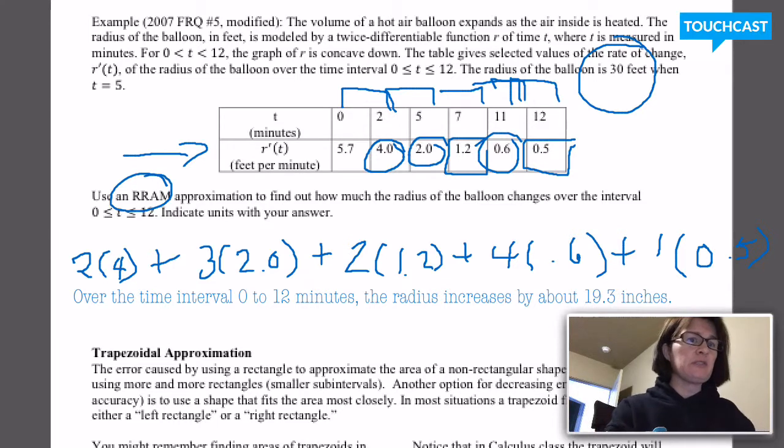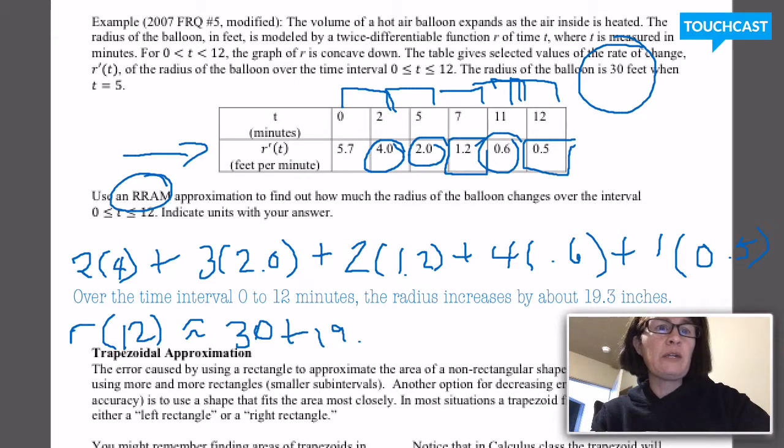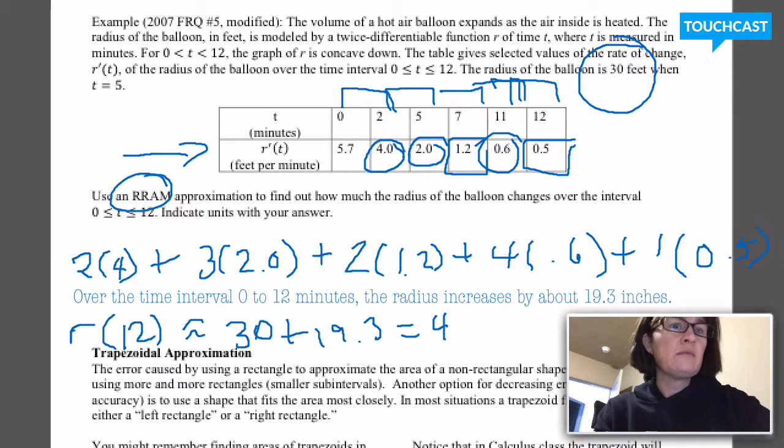Then over the time interval 0 to 12, it's going to increase about 19.3. If you were asked to give an estimate of R of 12, you would say the estimate is about 30 plus that 19.3, which is 49.3. What are the units?